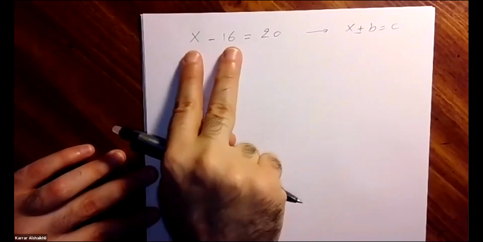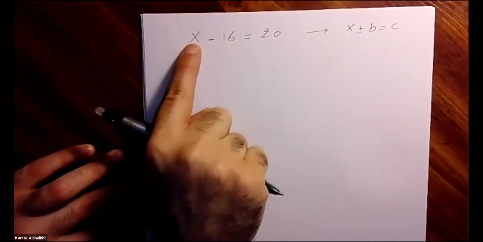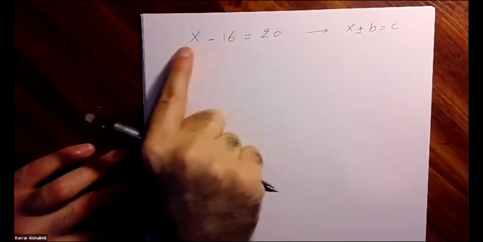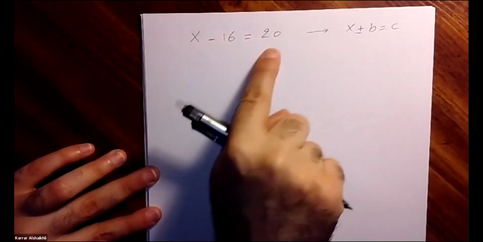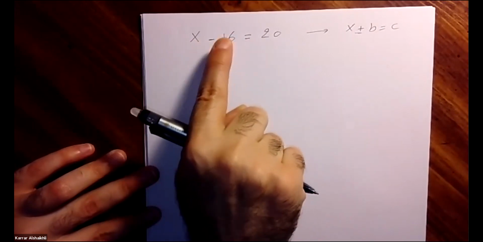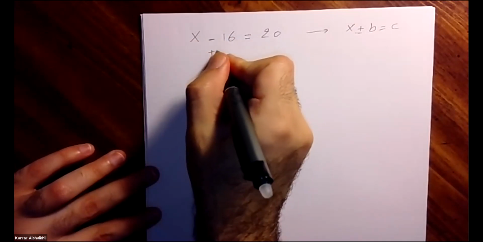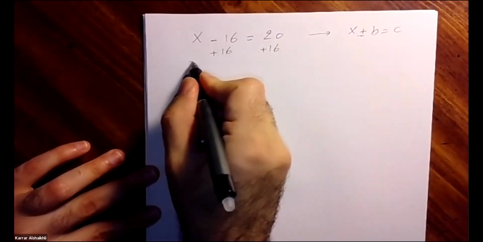So we're going to solve exactly the same thing here. I need to leave the variable here by itself on the left side, and move this number, because it's a number by itself, to the other side. It's -16, so what I'm going to do is add 16 here, and add 16 here.